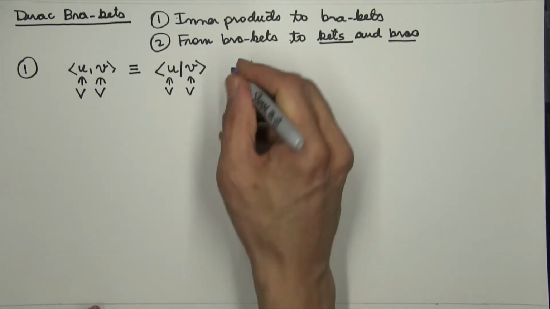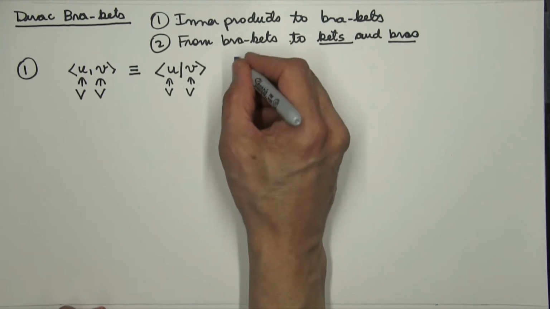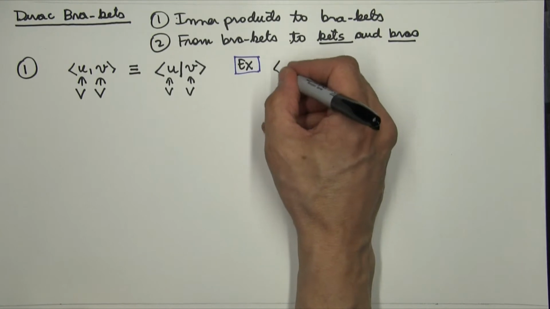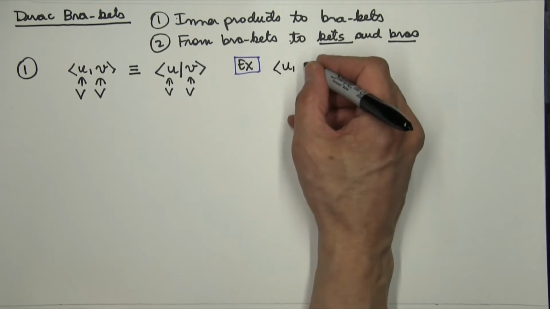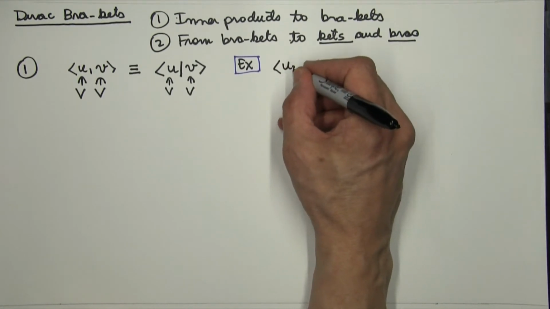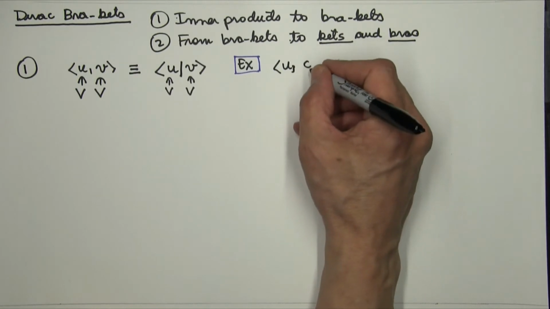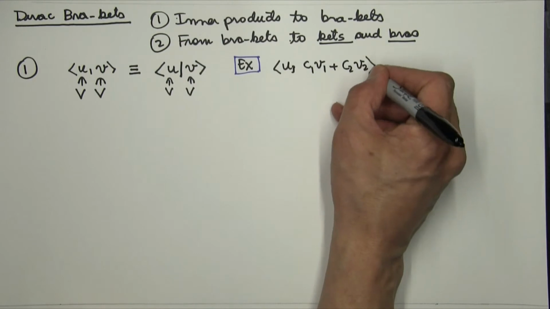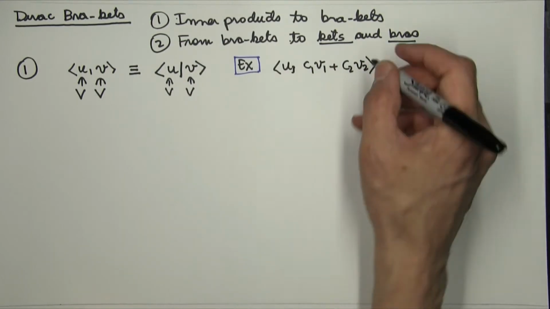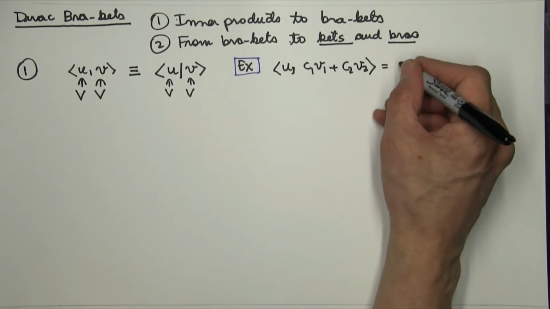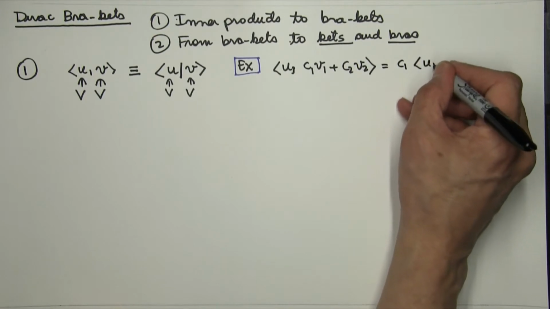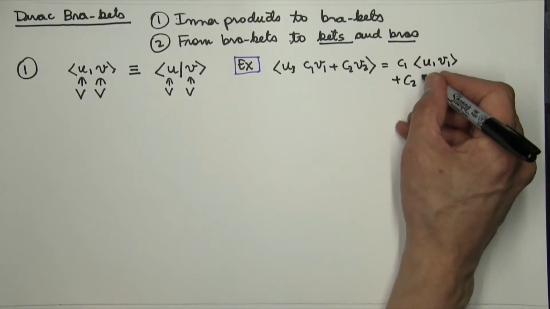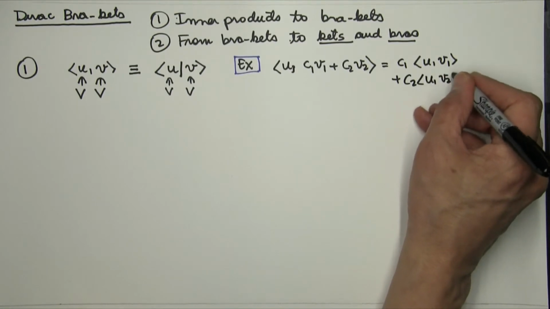Example 1. Take the inner product of U with C1 V1 plus C2 V2. Well, that is equal to C1 (U, V1) plus C2 (U, V2).